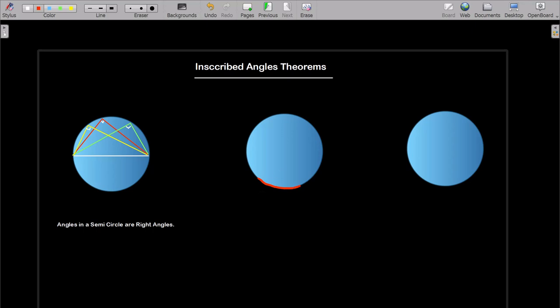and if this arc subtends some angles, let's say that it subtends this angle, this is one angle that it is subtending. Now let's say it subtends another angle, this, and any angle it subtends on the remaining portion of the circle.